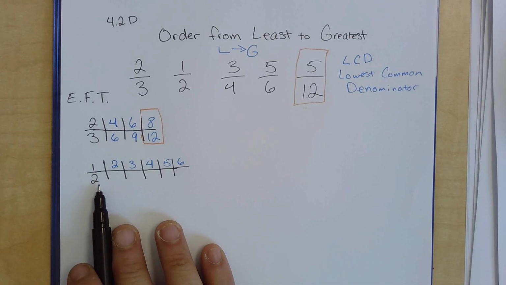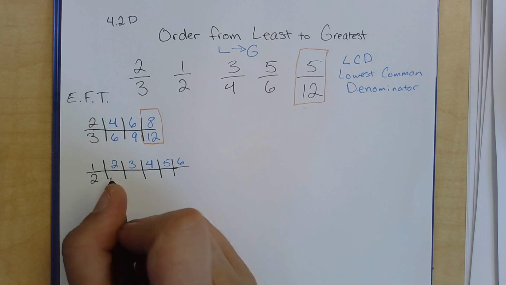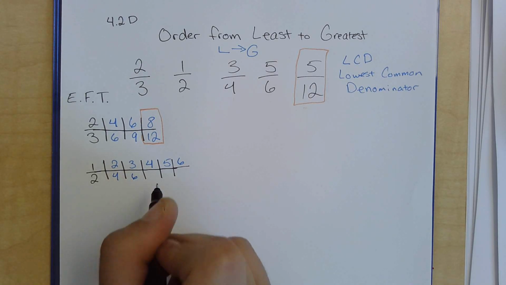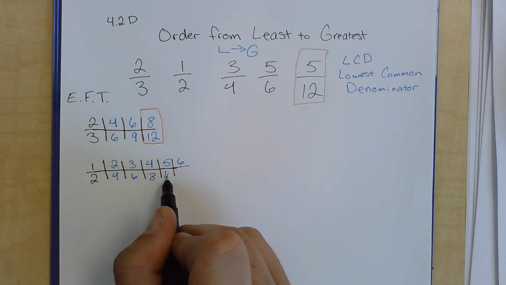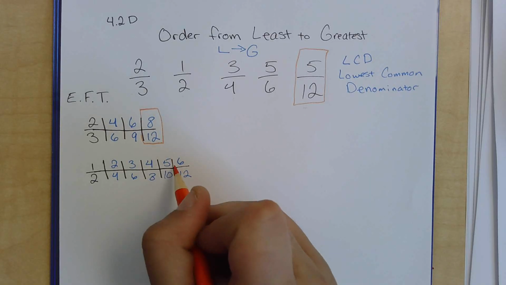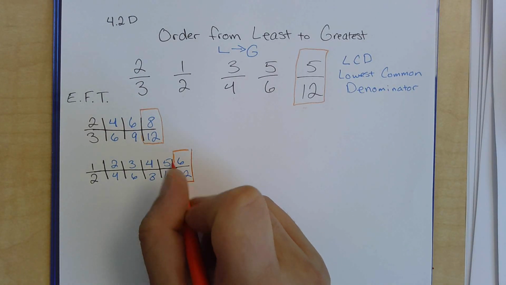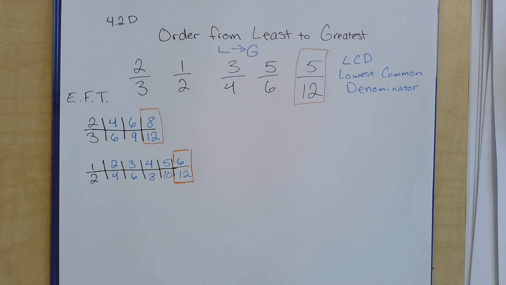Here it is 2. So every time I jump, I'm counting by 2s: 2, 4, 6, 8, 10, 12. So I found that common denominator of 12. I'm going to box it in. So now I have an equivalent fraction I can actually compare.